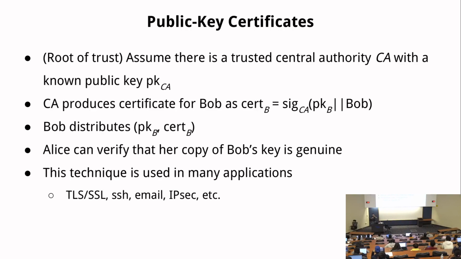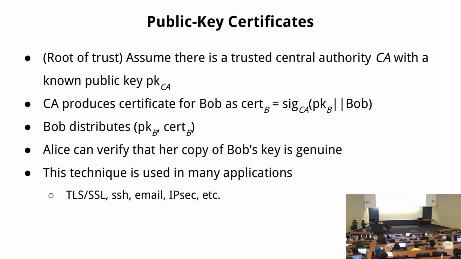The CA's job here is to verify if that public key really belongs to Bob and Bob's identity. Then the CA will generate a signature for the whole thing, which is the public key and Bob's identity. So by using this approach, we create a binding between this public key and Bob's identity.